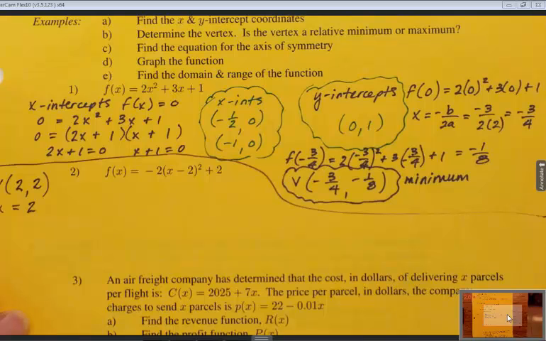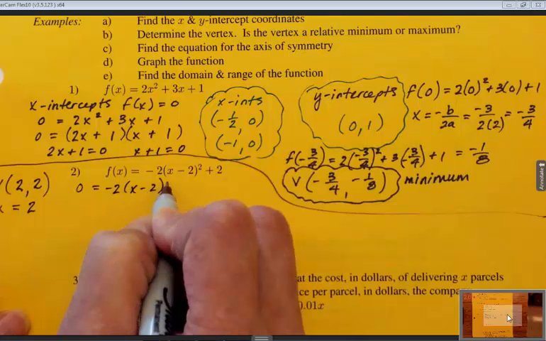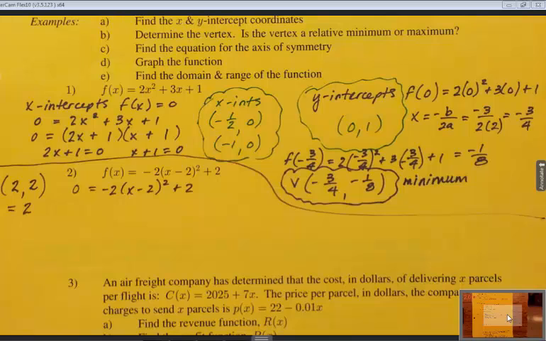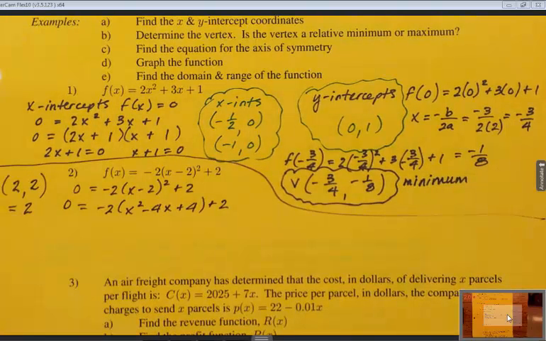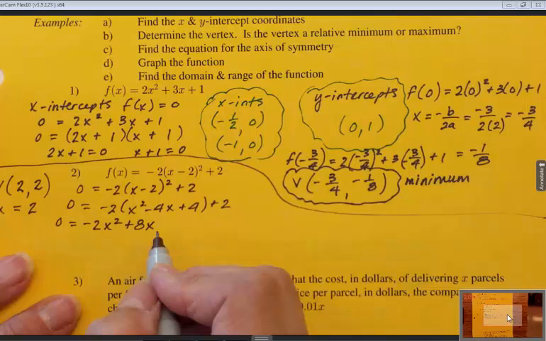Take care of those exponents first. Remember that when you're squaring a binomial, it might be beneficial for you to write it out. When you FOIL it correctly, you should come out with x squared minus 4x plus 4, and then plus 2. Multiplying everything by negative 2, you end up with negative 2x squared plus 8x minus 6.